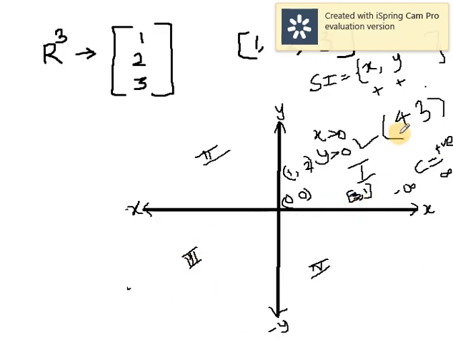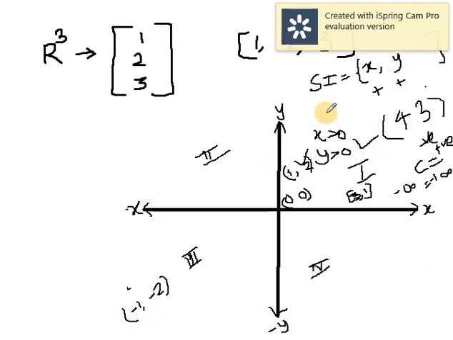But if c is negative, let's take c equal to minus 1, and multiply it with the first point, then we get the result minus 1 and minus 2. And this point minus 1, minus 2 doesn't belong to the first quadrant. It belongs to the third quadrant.